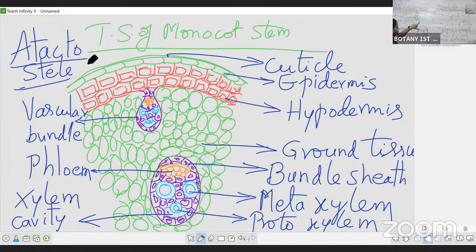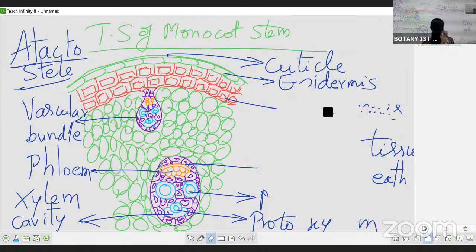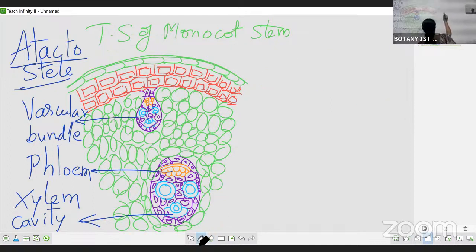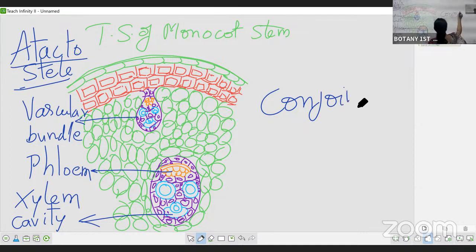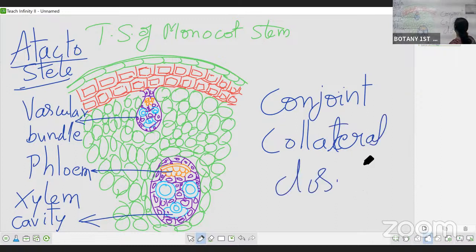So the vascular bundles are conjoint, collateral, closed type of vascular bundles.